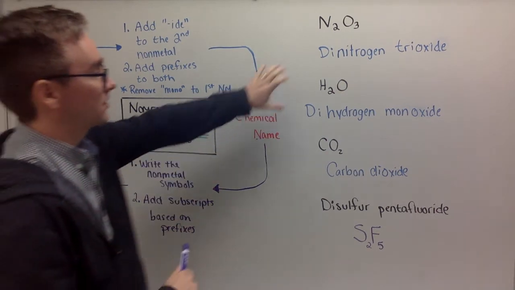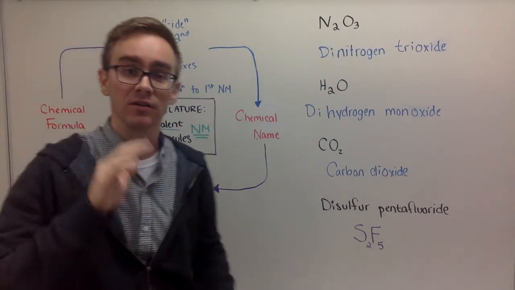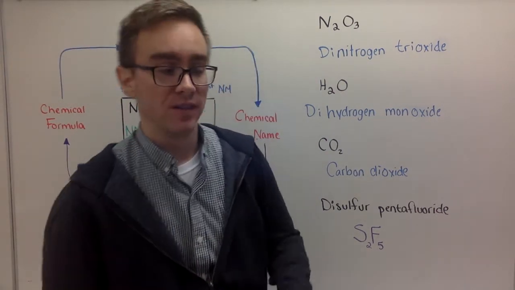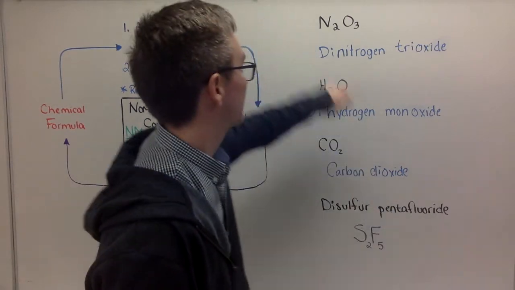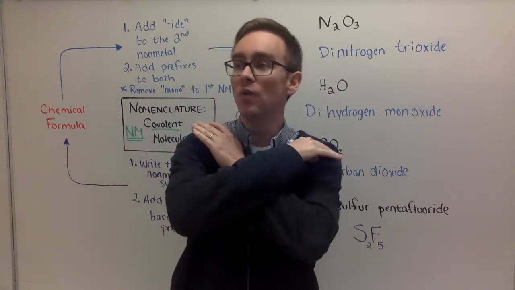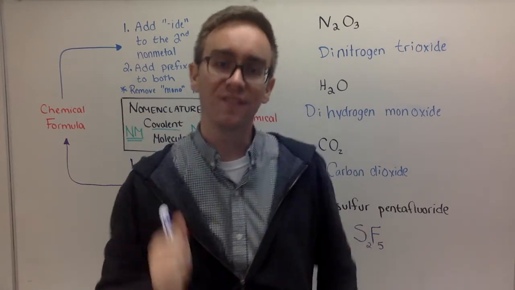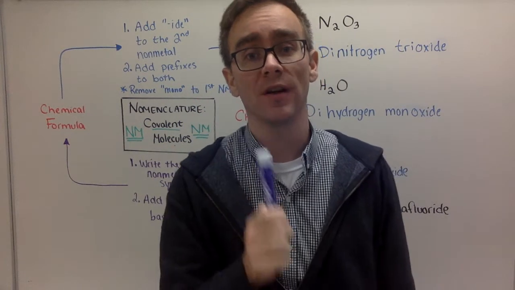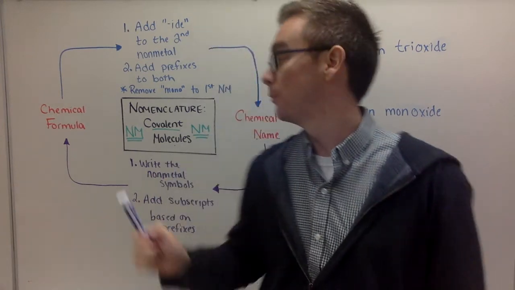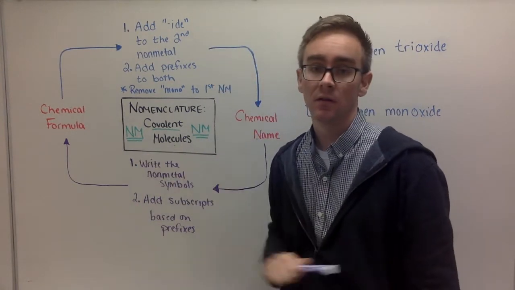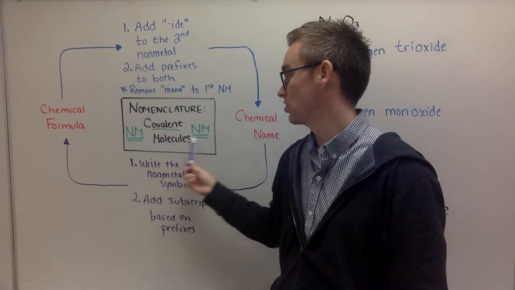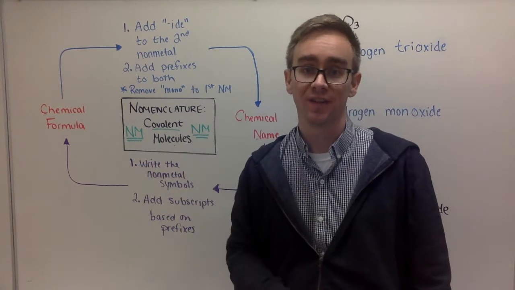These ones aren't that bad either because you want to add prefixes. Now, here's the biggest mistake people are going to make. They're going to see something like this, and they're going to add prefixes to every single molecule they see. Only covalent molecules use prefixes. Only covalent, which is a nonmetal, uses prefixes.